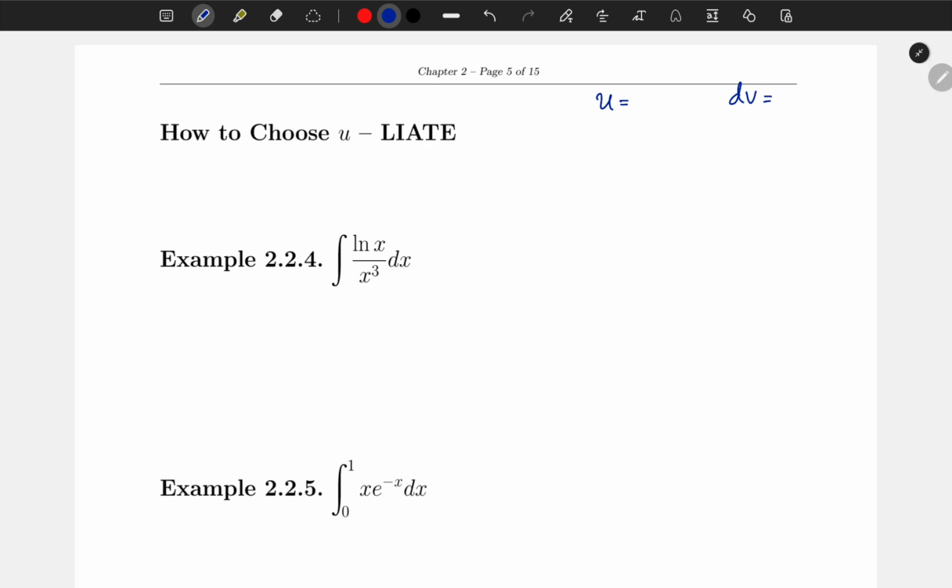Now, one of the strategies is to use this acronym LIATE. Okay, what does that mean? L stands for logarithms. Examples are log x, ln x.